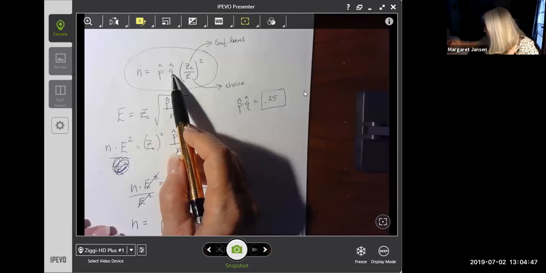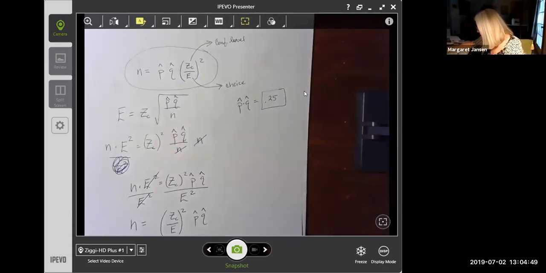Okay, so I'm going to look at example 2 on page 322 in your textbook. So, no, wait a minute. That's not the one I want. Okay, how about example 4 on page 324?